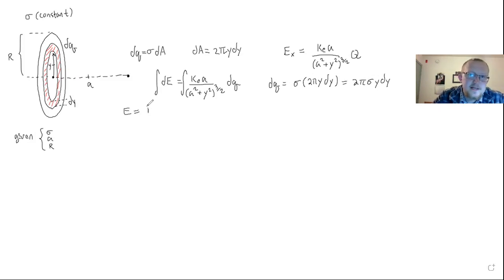So I pull out Coulomb's constant and a, and dq was substituted for 2 pi times the surface charge density times y dy. We still have the same denominator here.